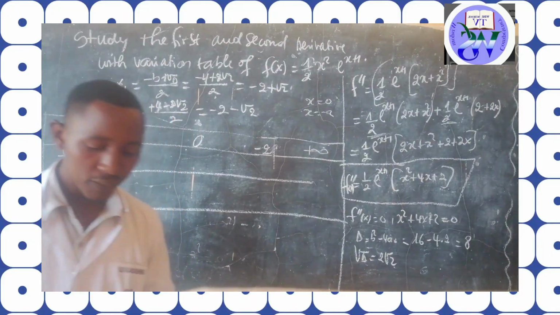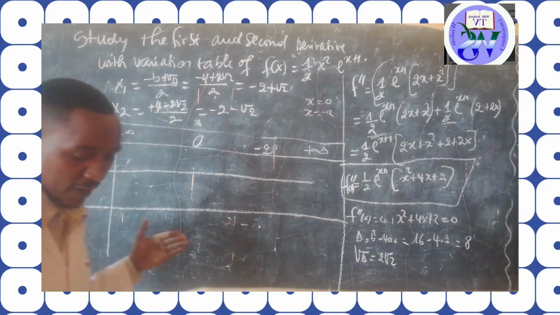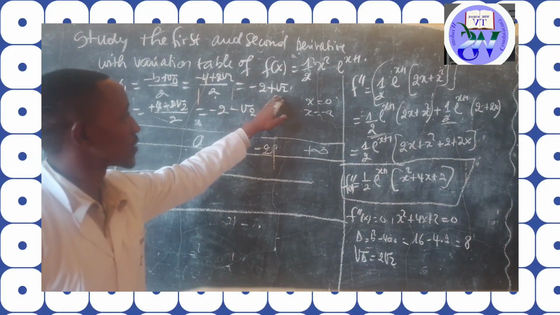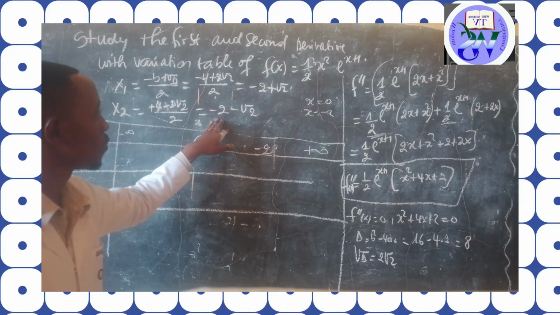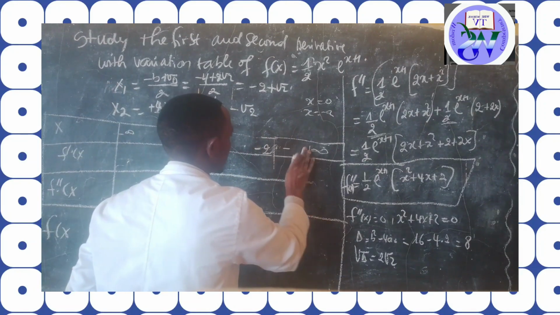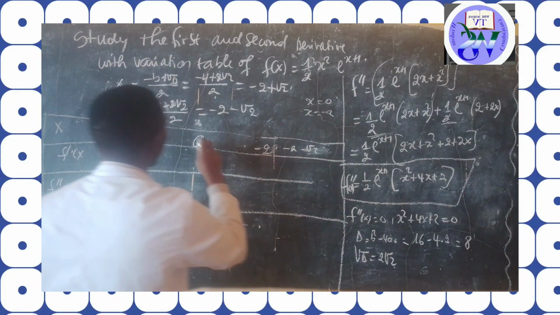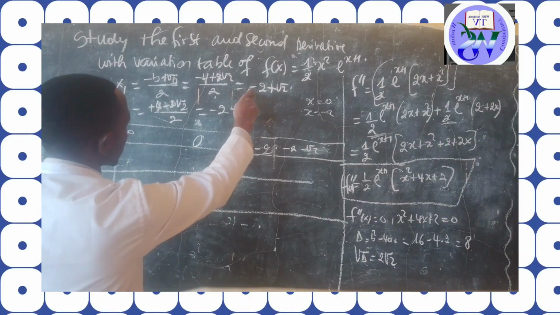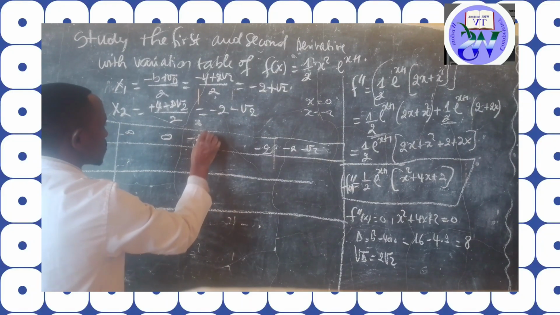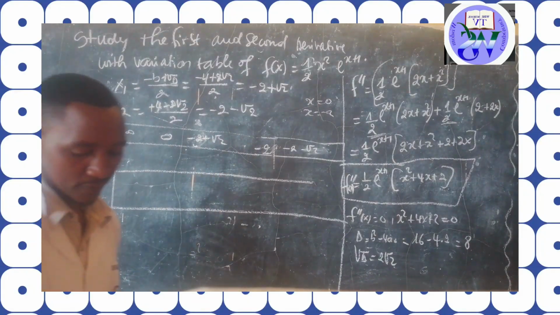The roots obtained for the second derivative are minus 2 plus root of 2 and minus 2 minus root of 2. Minus 2 minus root of 2 is located here. Here there is also minus 2 plus root of 2. So I think it's like that.